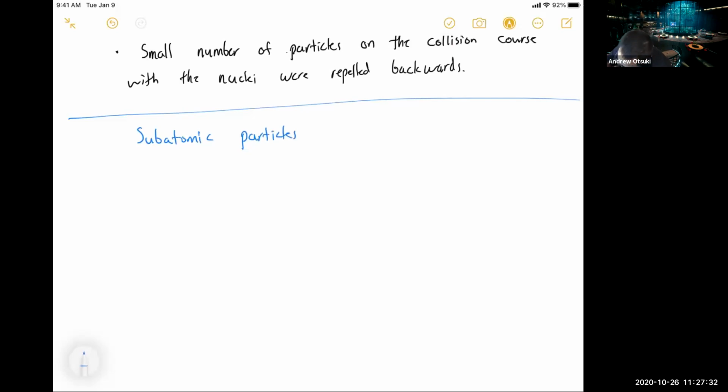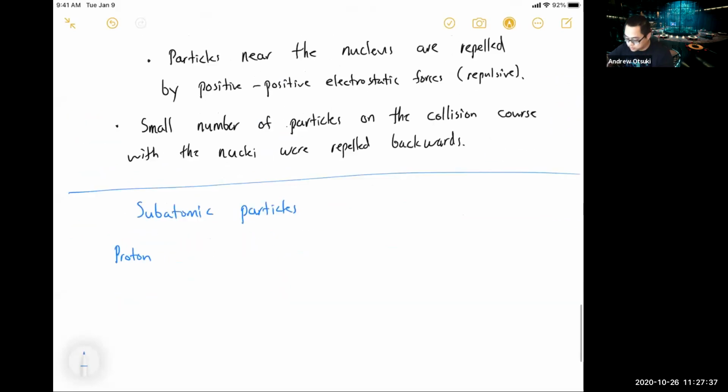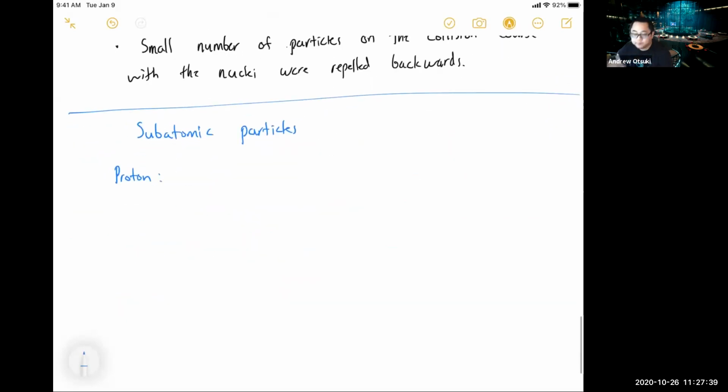So a proton carries a unit of positive charge, and this is found within the nucleus.